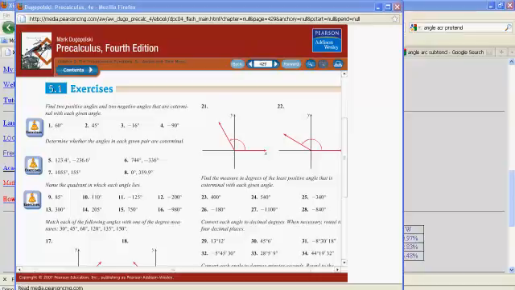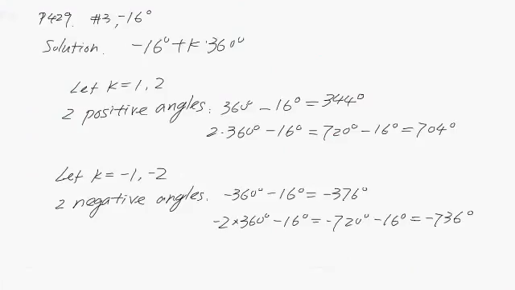So let's come back to the whiteboard. So this is the problem 6 on the page 429. We have these two given angles, 744 degrees and negative 336 degrees. And let's go back to that problem again.